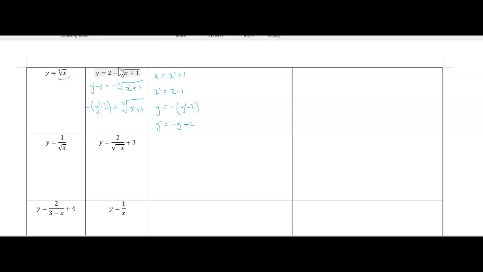You'd get the same thing if you didn't put it in brackets, so don't be too concerned about that. All right, so x y becomes, oh, this seems a bit glitchy, my computer, x minus 1, and what is it, negative y plus 2.